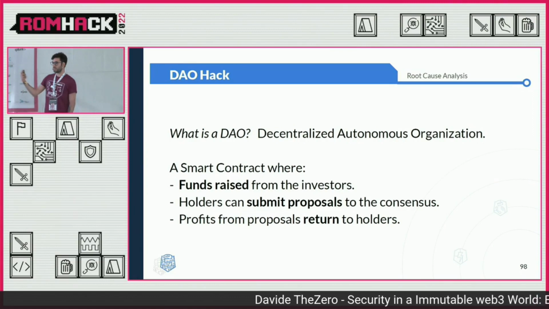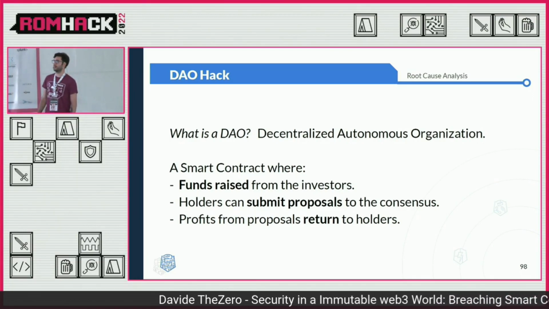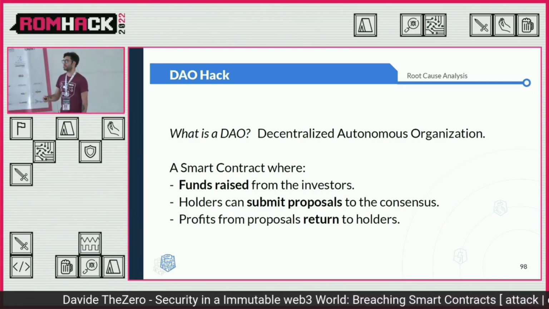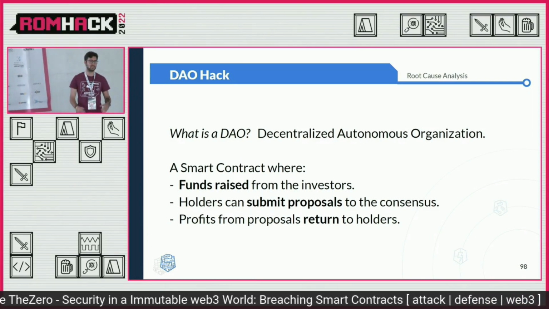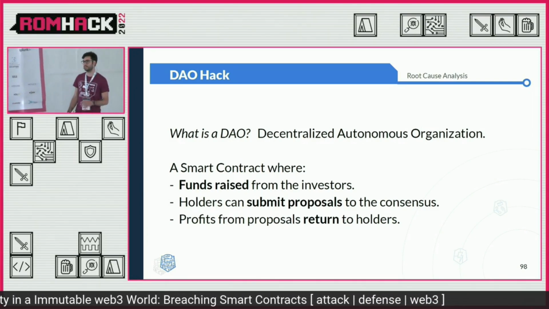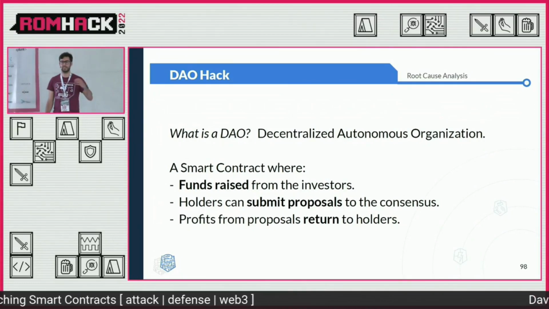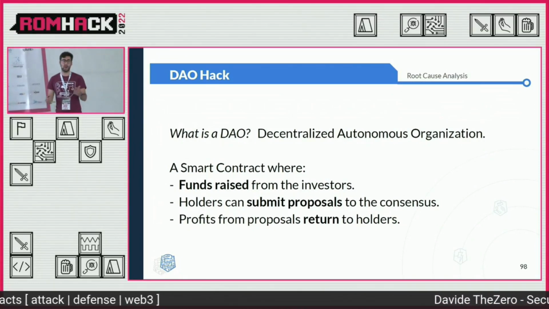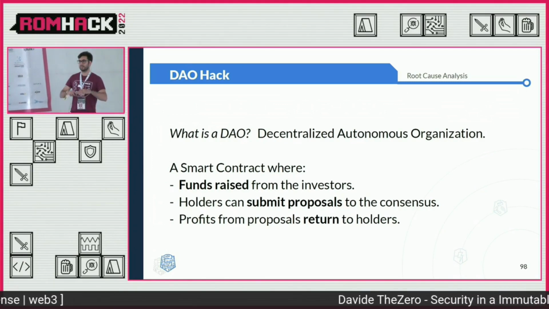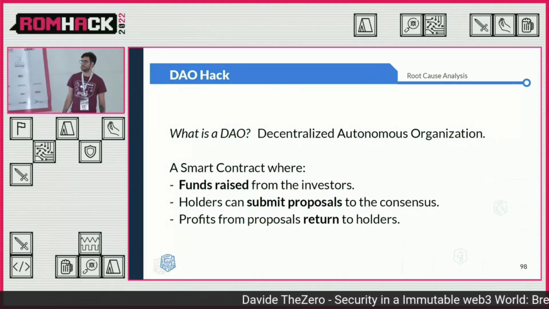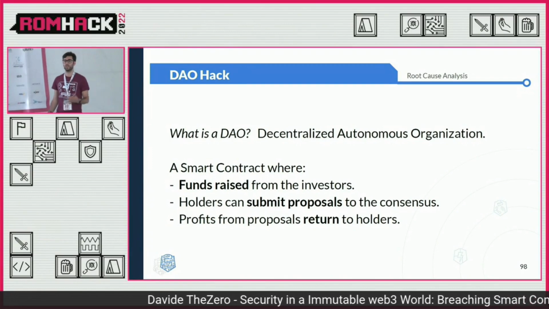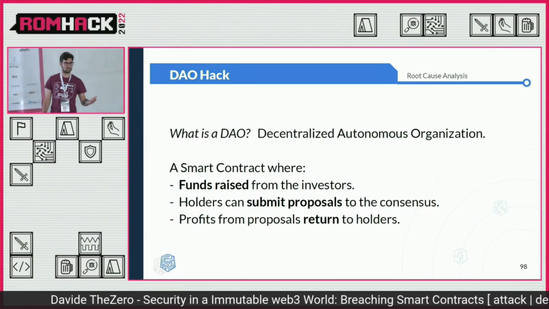DAO stands for decentralized autonomous organization, and basically it is a distributed investment fund where there is no authority that selects where the fund is going, but there is a voting system that decides which proposal gets the investment from the investors.